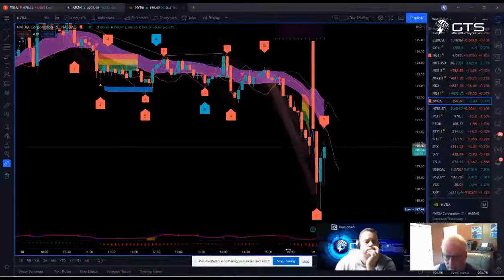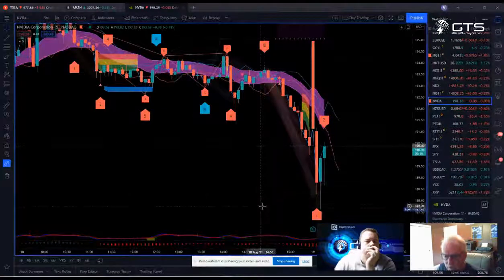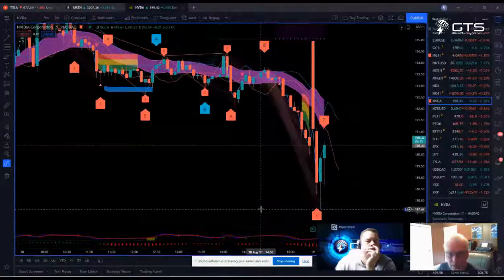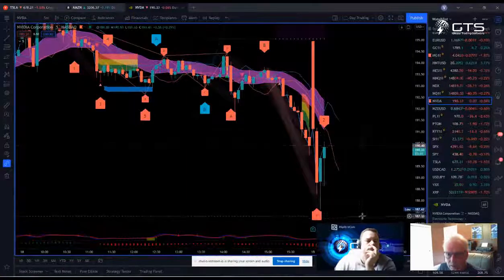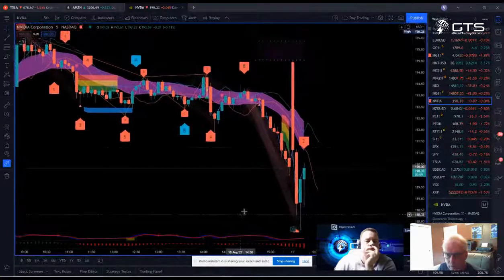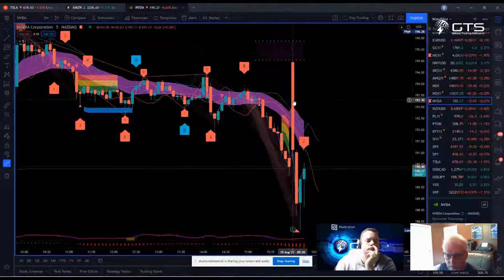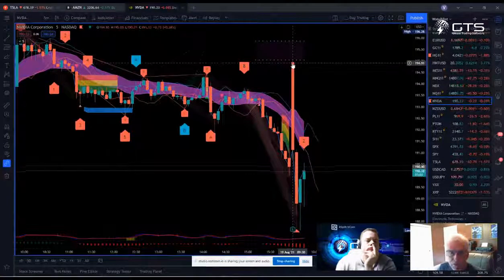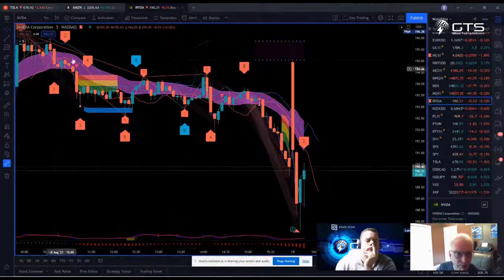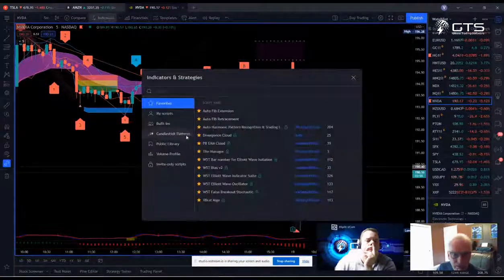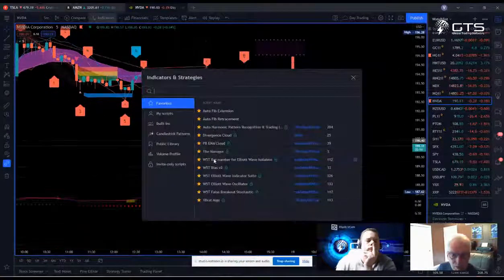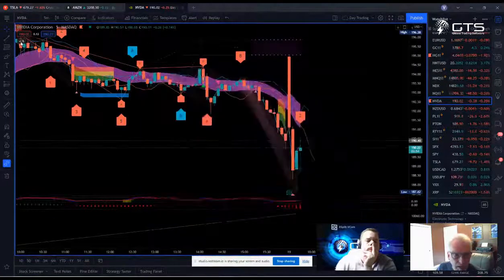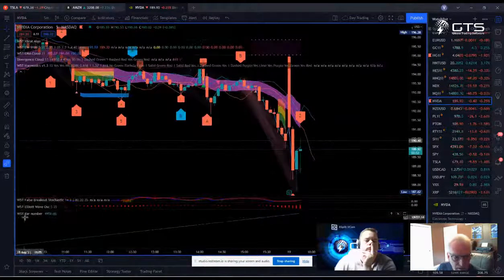So now we're back to yesterday's numbers. Since we're in a down market, I'm going to look at this. That's at 9:30. So I want to take that bar count. This is what I do anyway. I go to my indicators, add the bar number on there, and then you can see the bar number here.